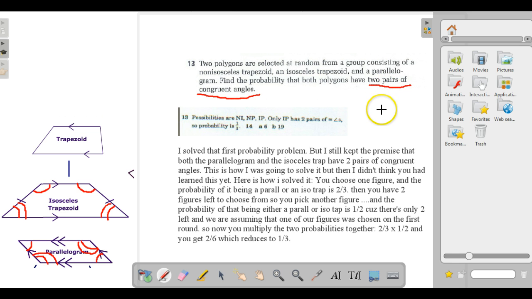But the way that we want to do the probability, they're saying that two polygons are selected, and they want to know the probability that both of them have these characteristics. Well, what we usually do to set this up is we let x equal the number that we're looking for.